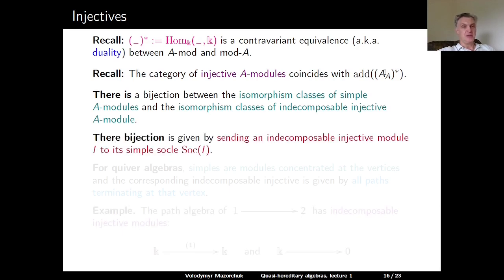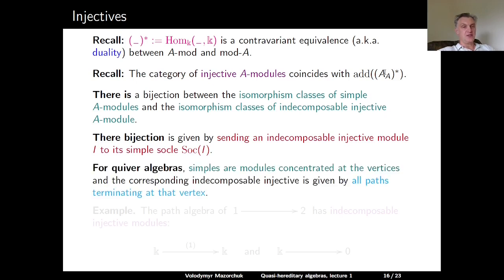This bijection is given by sending an indecomposable injective module I to its simple socle. For quiver algebras, as we already mentioned, simple modules are concentrated at the vertices of the quiver, and the corresponding indecomposable injective module is given by all paths which terminate at that vertex.